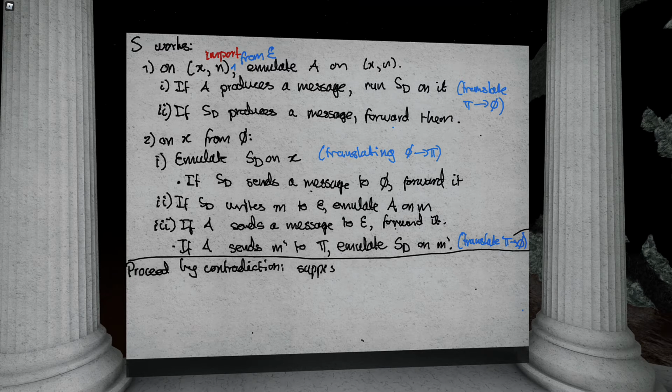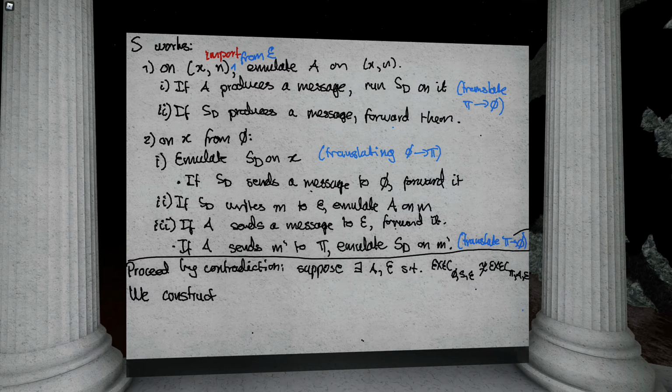Suppose we have an environment such that the executions are in fact distinguishable: phi S and E is not indistinguishable from pi A and E. And what we're going to do is construct a particular environment that contradicts our original assumption that the dummy adversary was simulatable. Okay, so I'm going to produce an environment that cannot be simulated with respect to the dummy adversary, which is a contradiction to the assumption. Therefore, the two distributions must be indistinguishable.